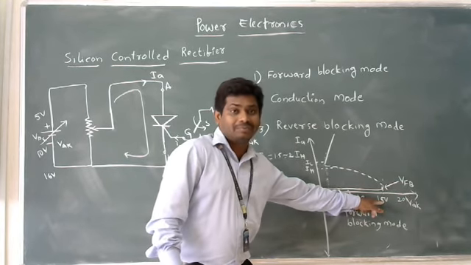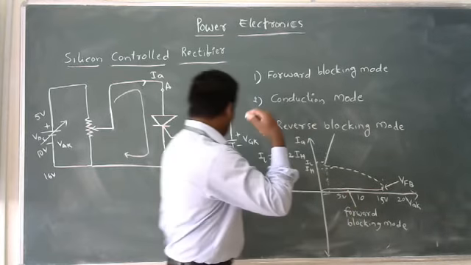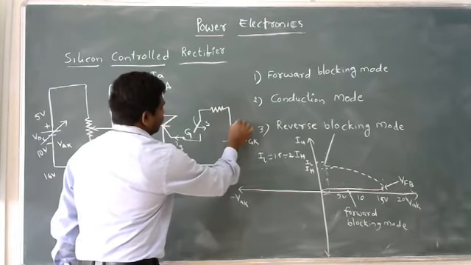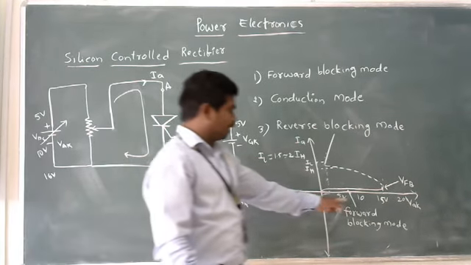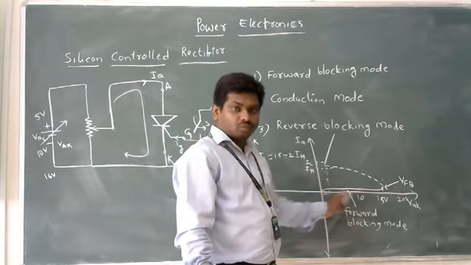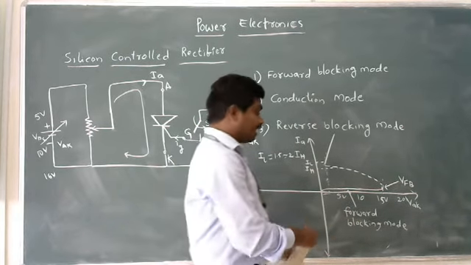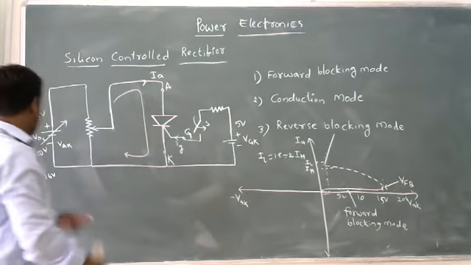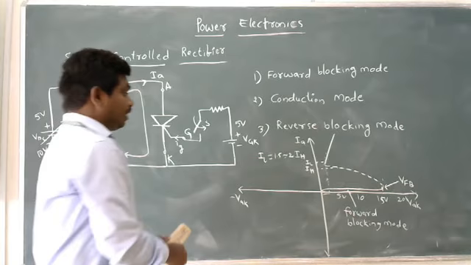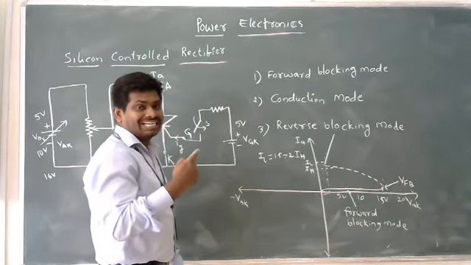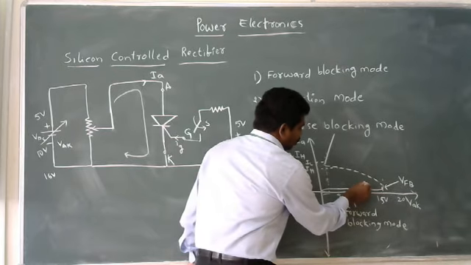Suppose I apply some gate voltage, let us say 5 volt, here, and already 10 volt across the anode and cathode in the forward bias manner. 5 plus 10 volt, it reaches the rated value of 15 volt of the device. If I increase the value further, the device comes into the on state like this.